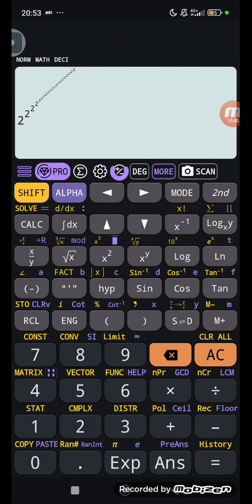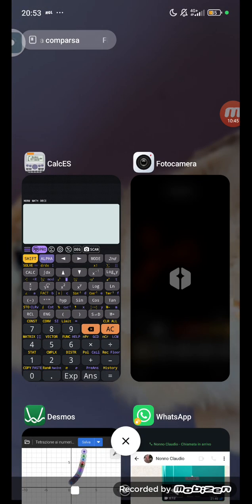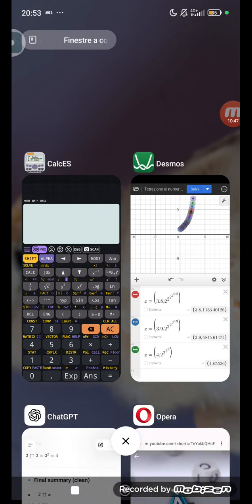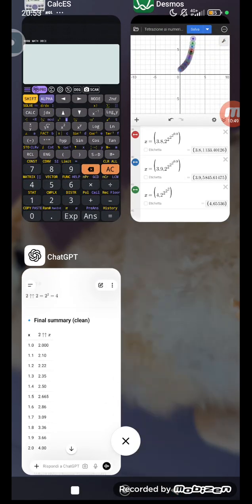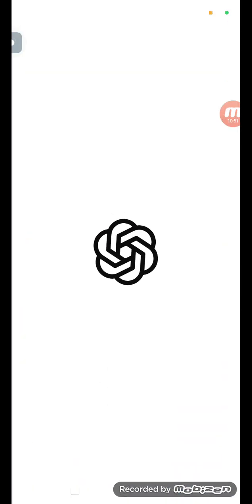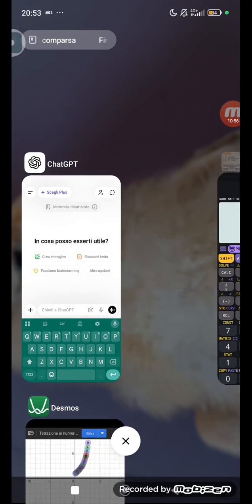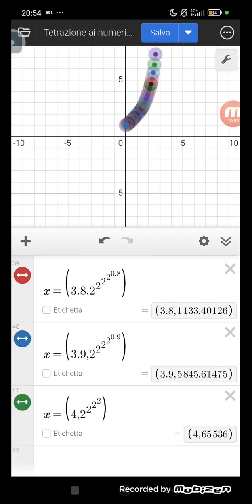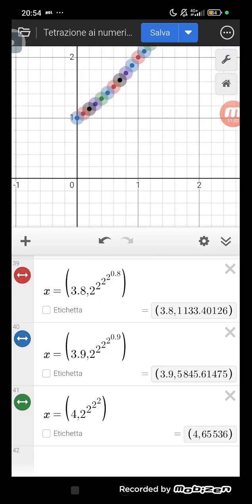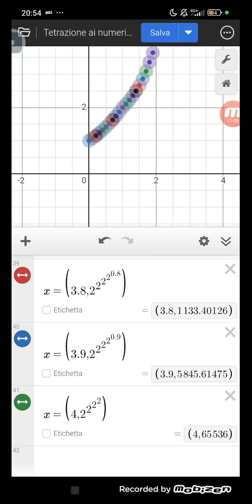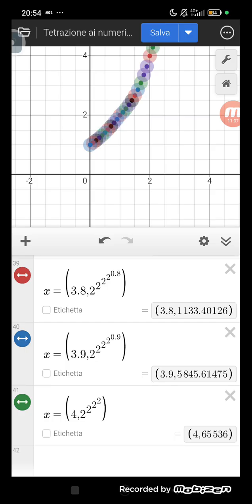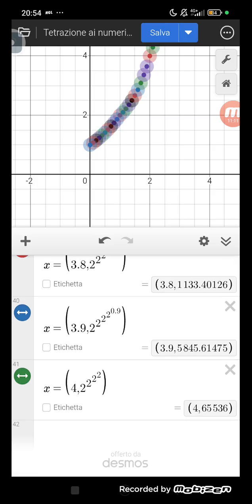Alright. Good enough. Yeah, don't worry about ChatGPT. I was asking them about the values. So here is Desmos. What I did was convert each one to a point and zoom out to make them look like a graph.